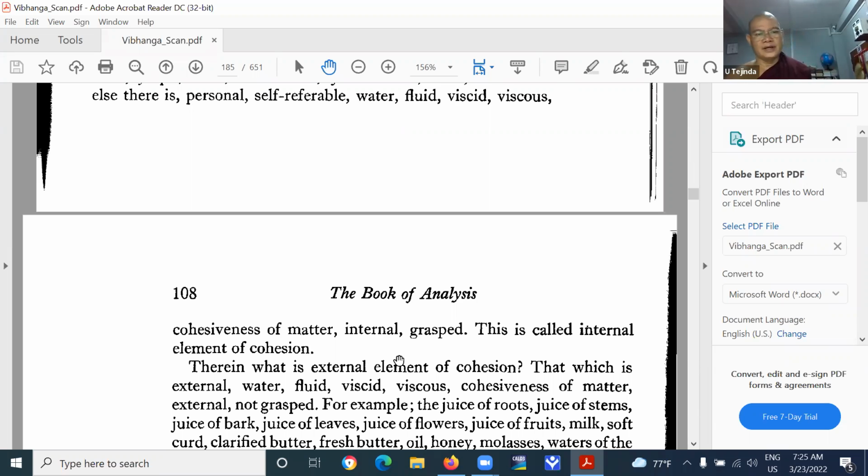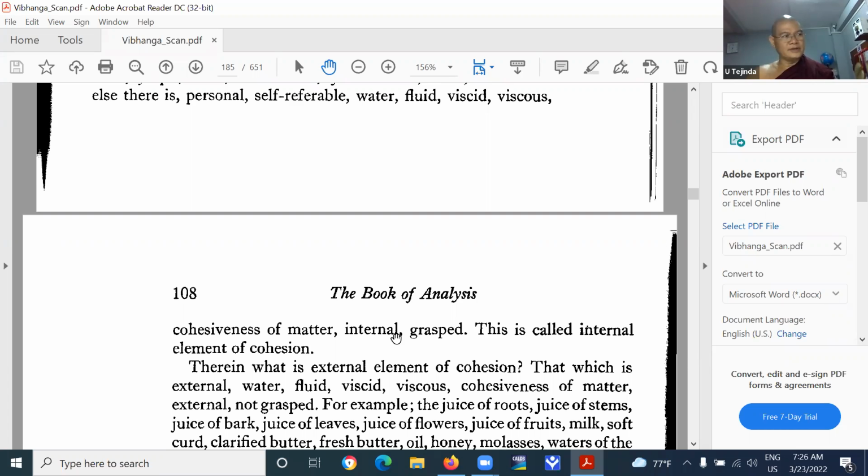According to the Vibhaṅga, the dhātuvibhaṅga, there are only 31 parts of the body instead of 32 parts. So these 32 parts of the body, or 31 parts, are subdivided into two. One part belongs to Pathavi Dhatu, one part belongs to Abho Dhatu.